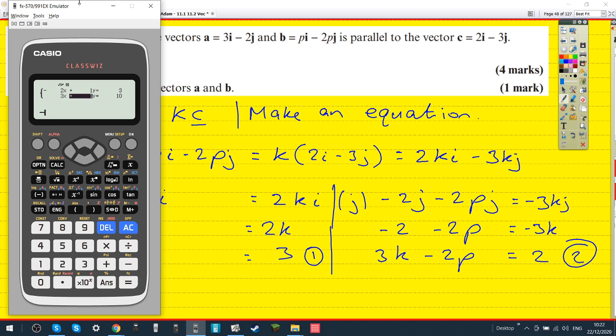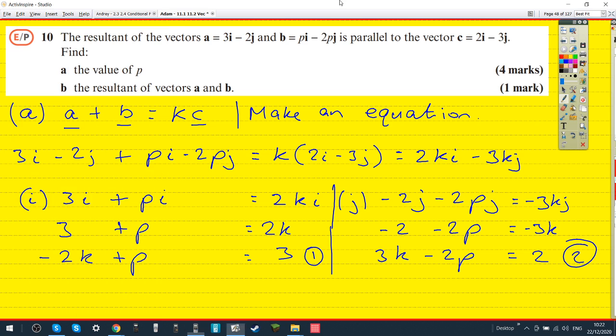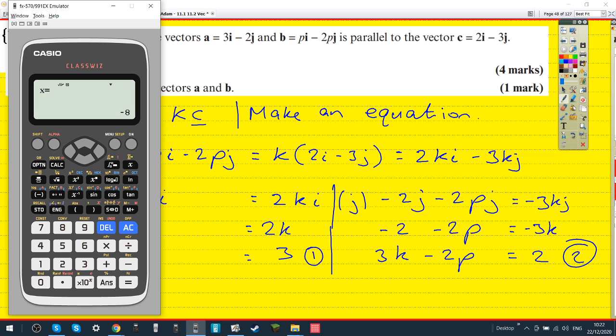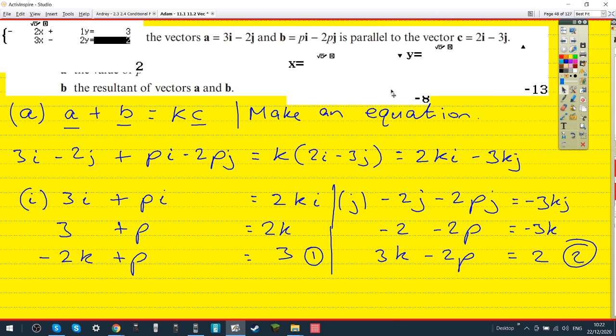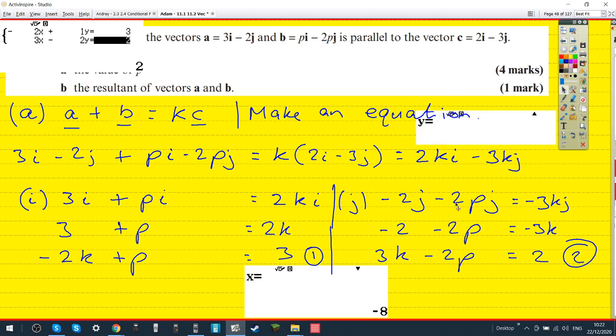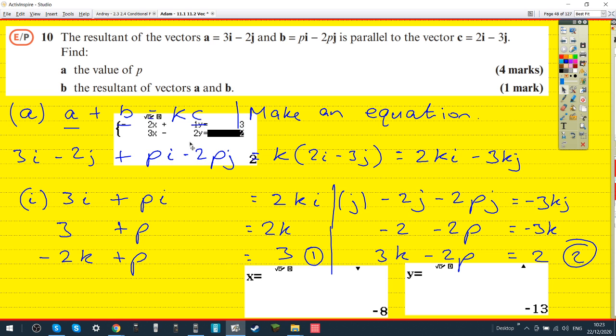I got X is 4, Y is 5. Okay, let's see. So which is x, which is y? Oh, hang on. I'm getting minus 8. Wait, let me check. Minus 2K plus 1. I put in minus 2 and then 1 and then minus 3.